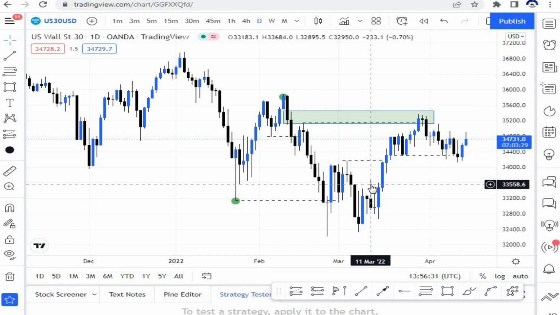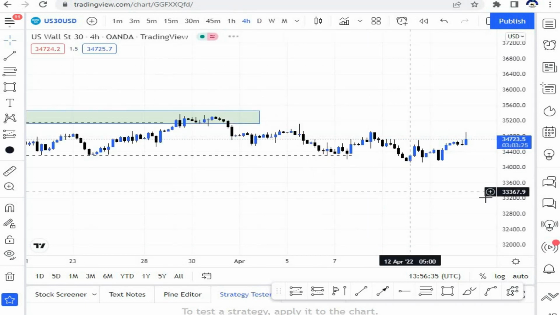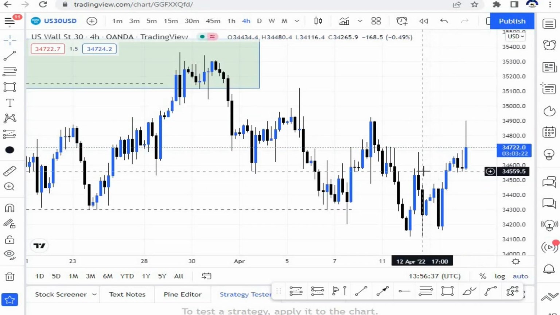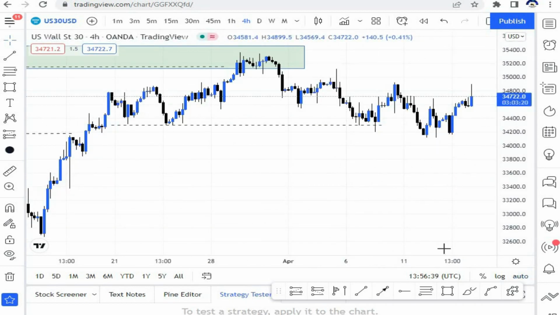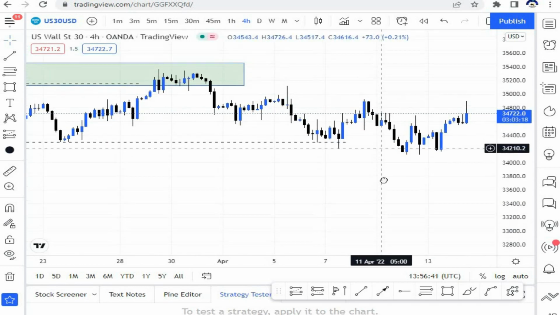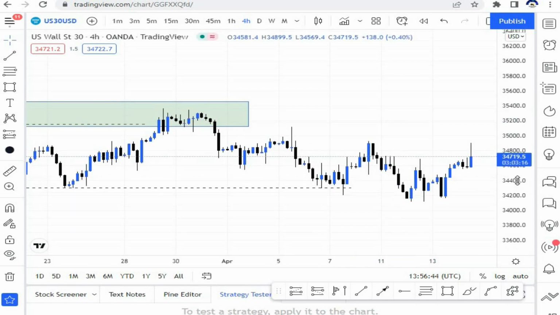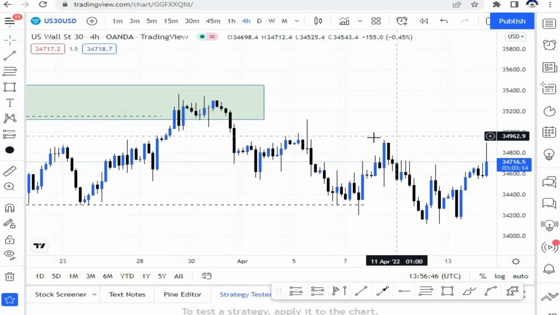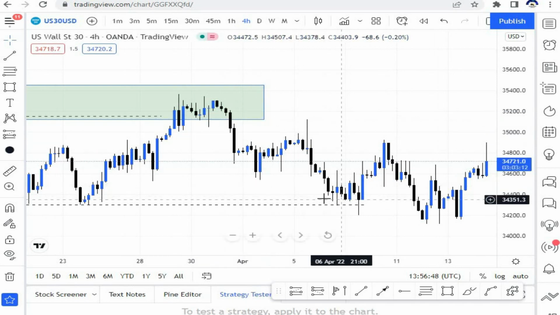So now we are breaking it down to a smaller time frame, like the H4 time frame. As you can see in our H4 time frame now, the next thing which you like to see is those first higher lows being taken out while the price is going back down.